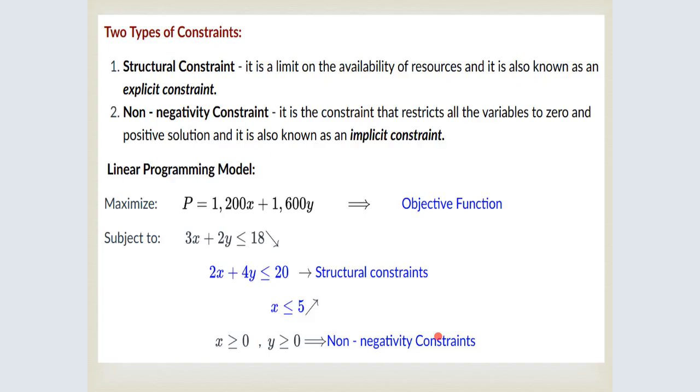So that is an example of a structural constraint, and even x less than or equal to 5. Those are structural constraints. And then we have x greater than or equal to 0 and y greater than or equal to 0. This is our non-negativity constraint. Any number that is greater than 0 means it's positive. So that's why these are the non-negativity constraints.